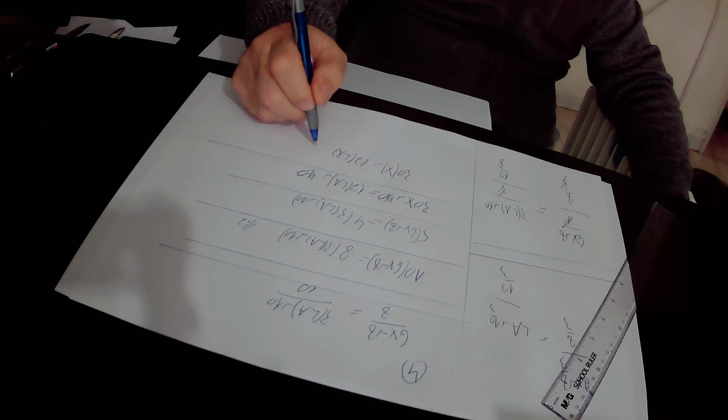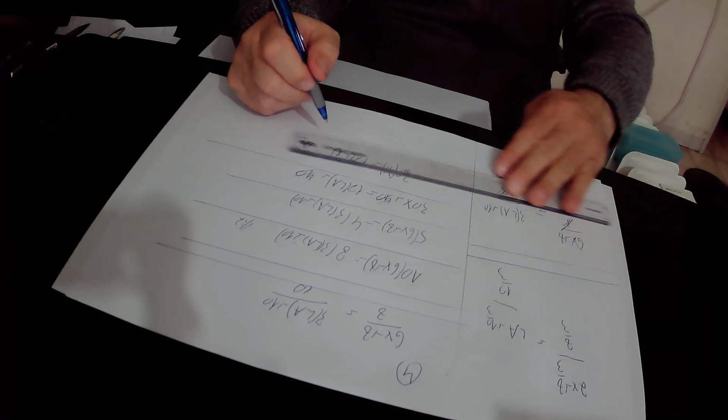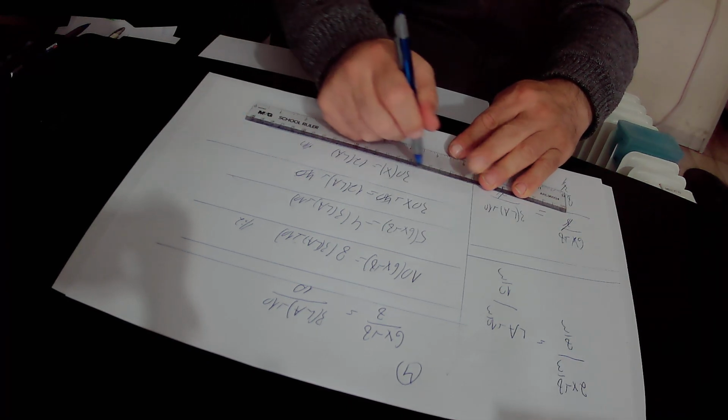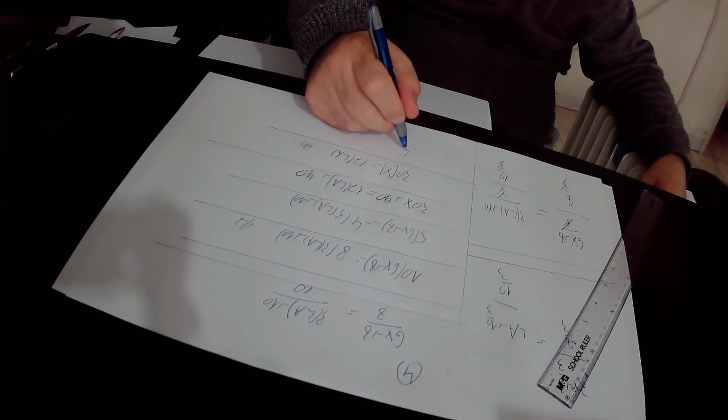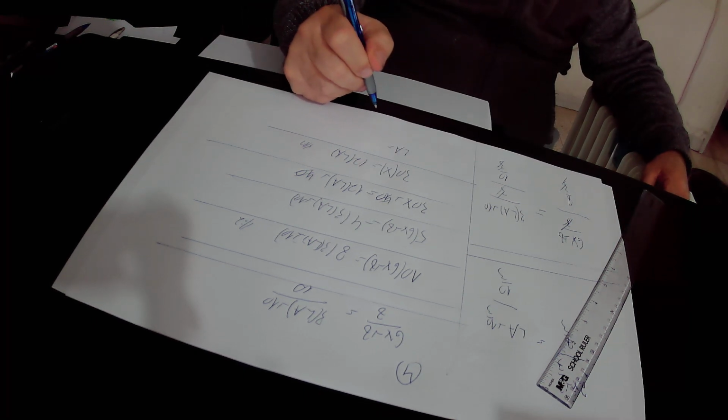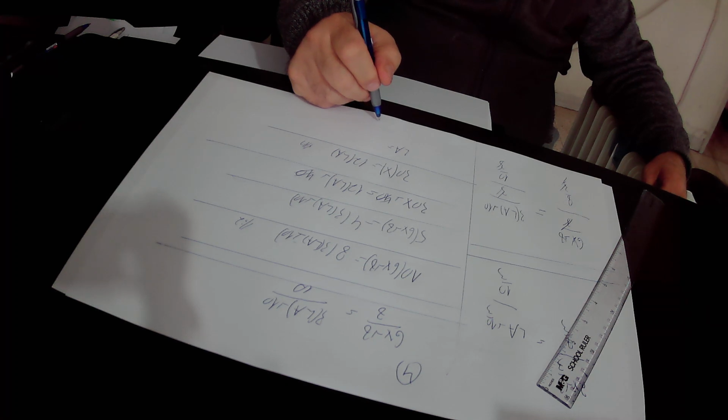Here we divide this equation by 12. And finally we get that LA equals 30x over 12. 30x over 12 is 2.5x.